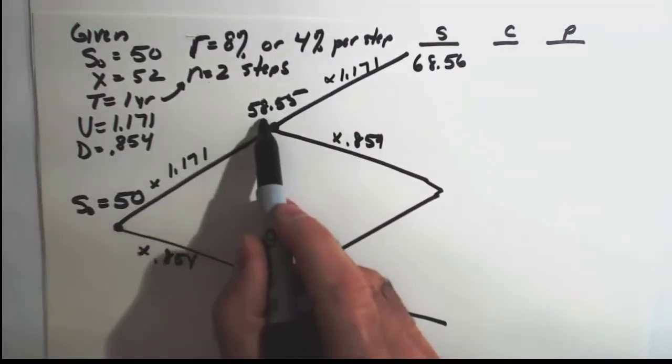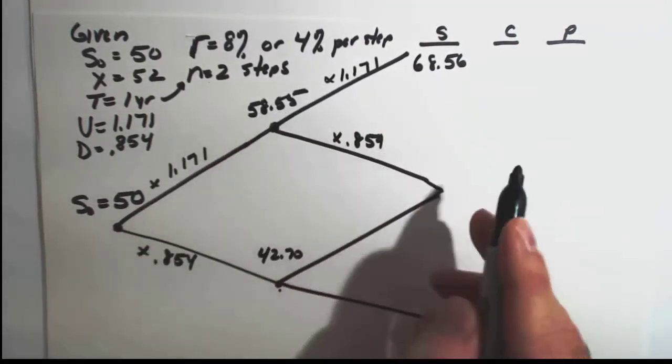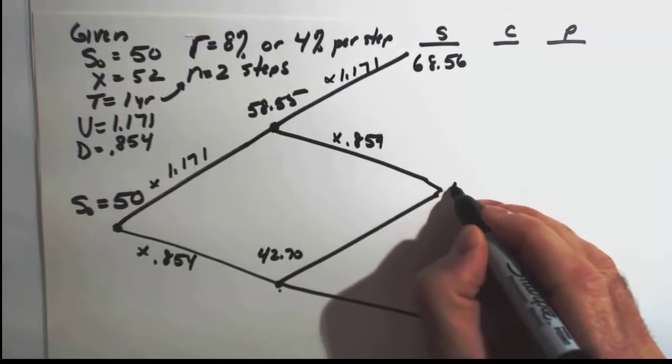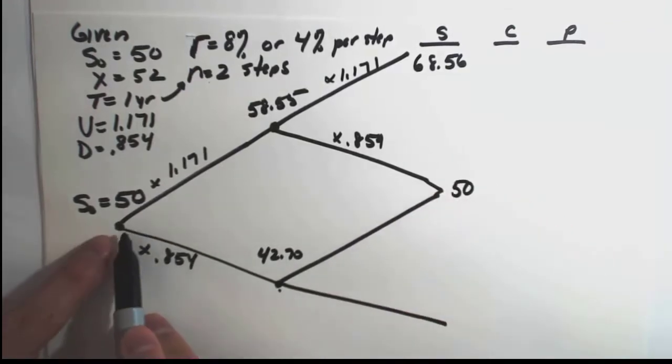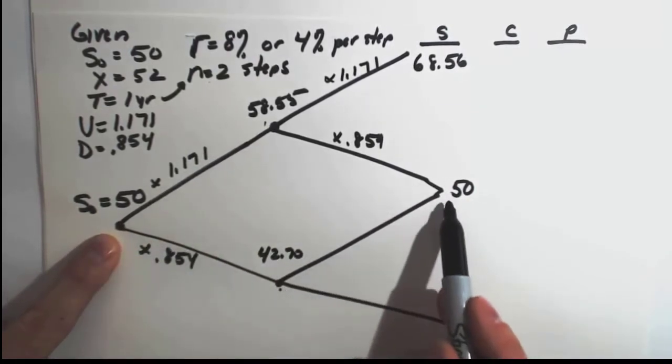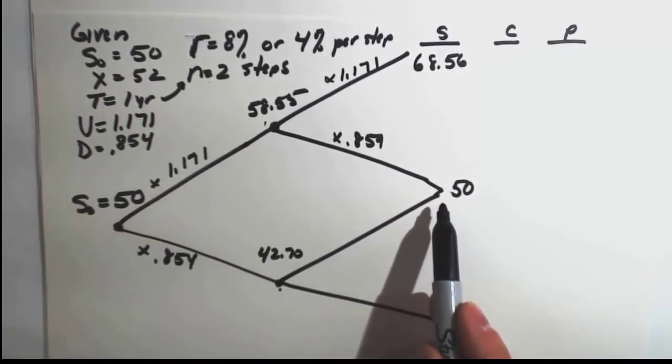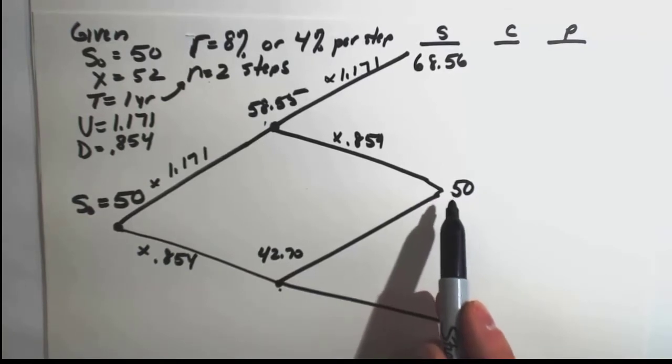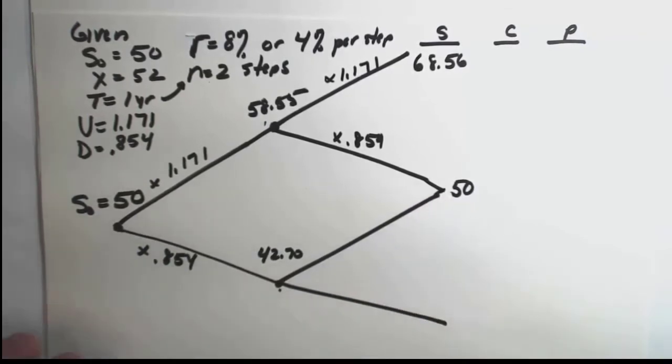If the stock goes up and then down, multiply these two numbers together and you get a 50 here. Notice the 50 matches up with the 50 we started with. Up, down, and then up. This is what's called a recombining tree because it combines here. If we had a non-recombining tree, by the way, it would look like this.